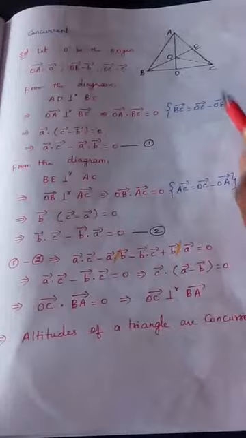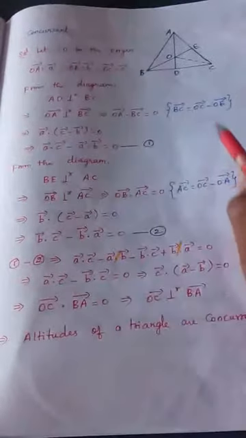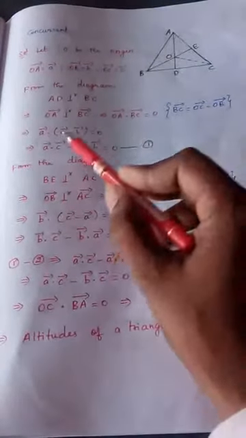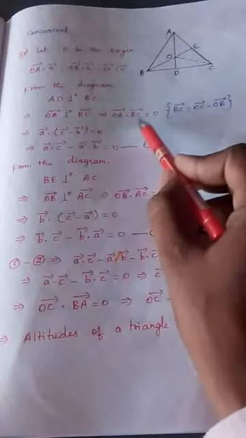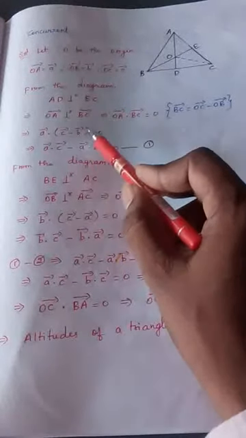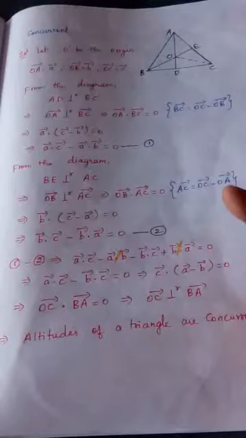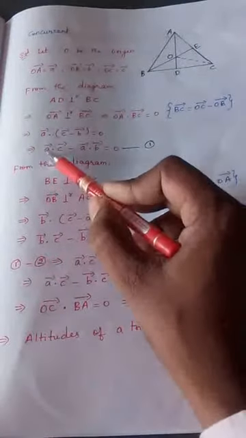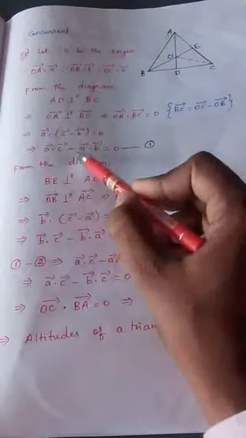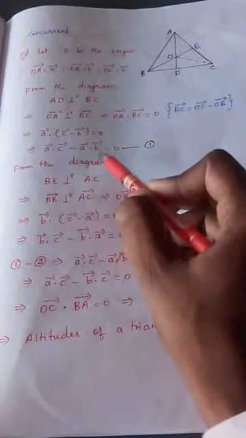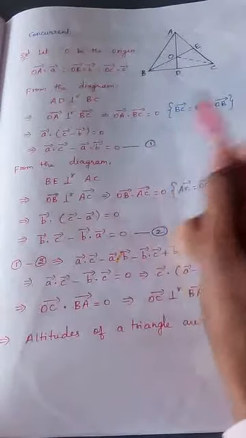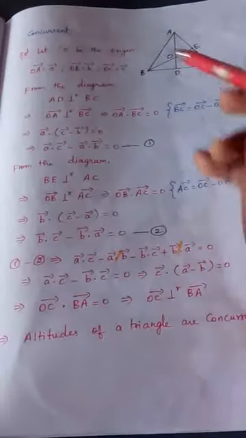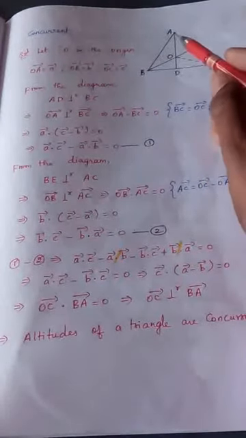What is OB vector? B vector. So in place of BC vector, I write C vector minus B vector, equal to 0. Just take this A vector inside so that you get A dot C minus A dot B equal to 0, equation number 1.